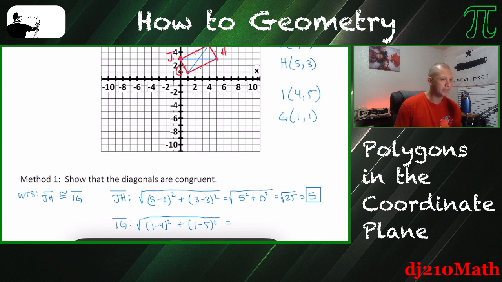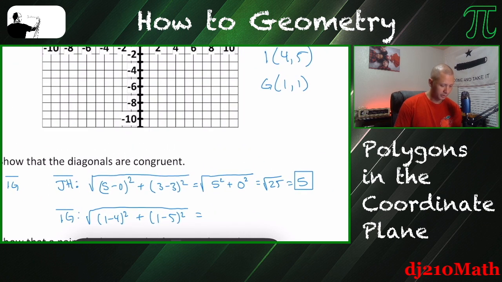Okay, so now let's look at IG. So line segment IG. Again, the square root of the difference in x's, so 1 minus 4 squared plus 1 minus 5. So 1 minus 4 is negative 3. So the square root of negative 3 squared plus 1 minus 5, which is negative 4, so negative 4 squared. So we're going to get 9 plus 16, which is root 25.